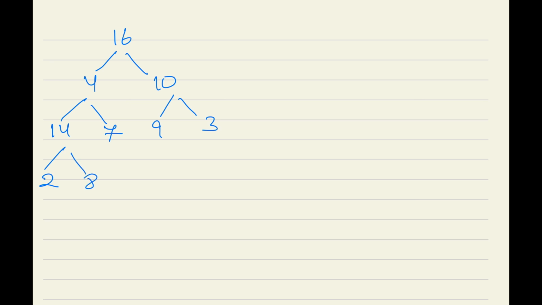So we'll see one example for this. Assume the max heap is like this: 16, then 4, then 10, then 14, then 7, then 9, then 3, then 2, then 8, then 1.